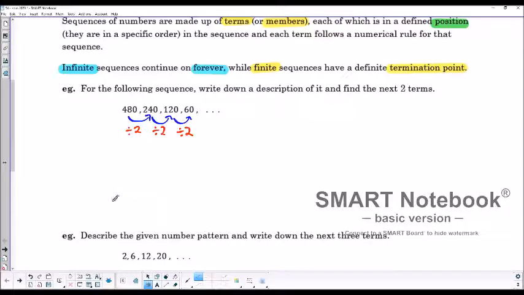And if you're supposed to write it in words, we could say each successive term, or subsequent term, is found by dividing the previous term by 2.